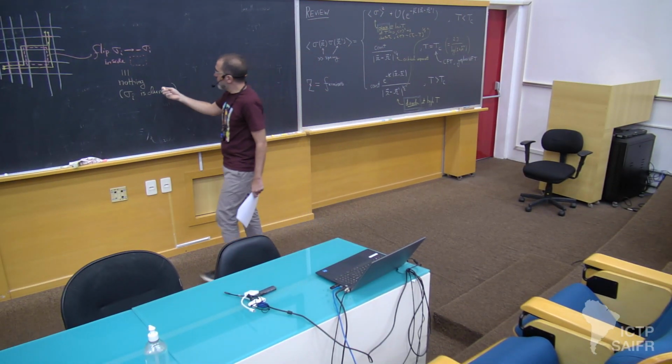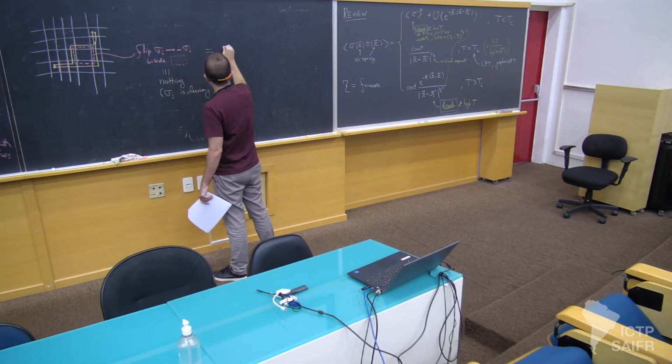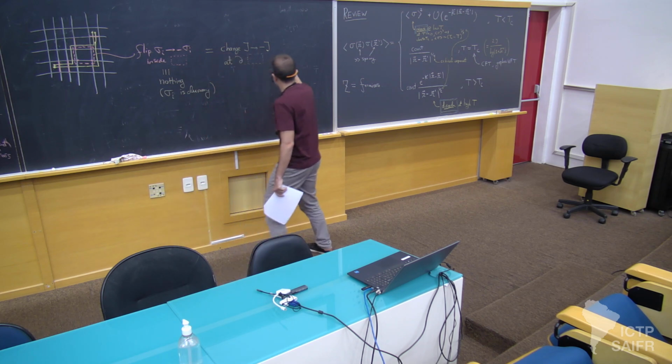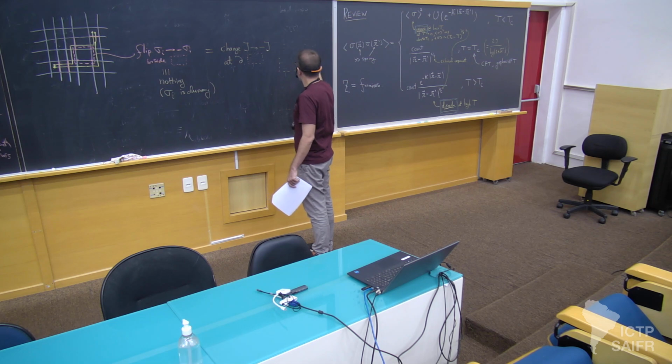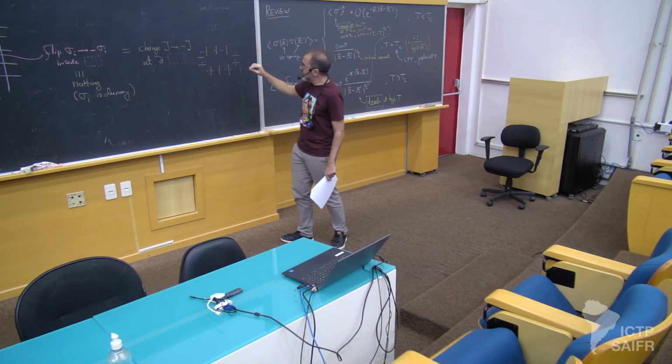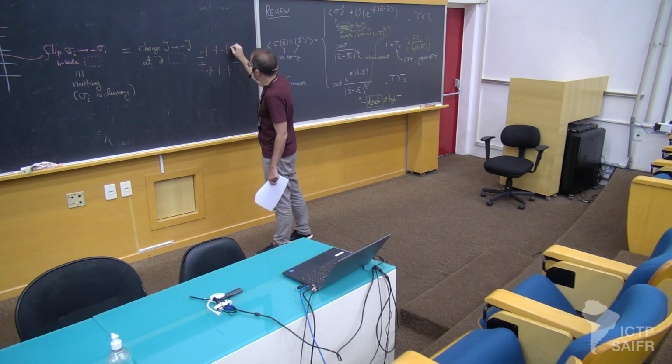But on the other hand, this is the same as changing J to minus J at the boundary of the dashed region. Because at the boundary, there are some lines that pierce it, and by flipping sigma to minus sigma, we flipped this J sigma sigma into J sigma minus sigma, because one sigma is inside and one sigma is outside.